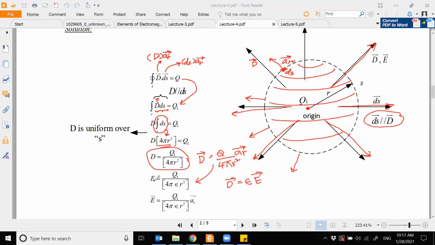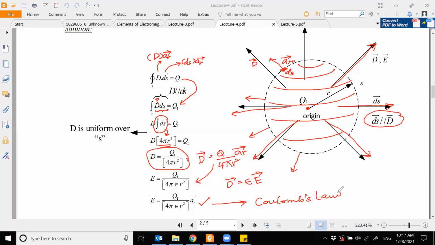E is Q1 over 4 pi epsilon r square in magnitude, or for the vector, Q1 over 4 pi epsilon r square AR. This is the expression for a point charge placed at the origin, and we have seen the same expression when we used Coulomb's law.